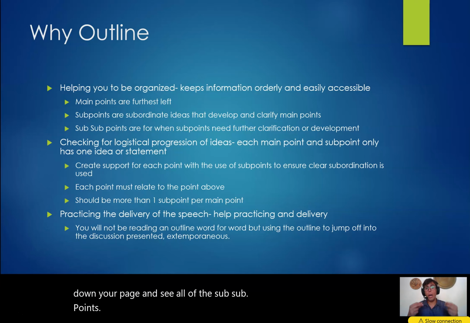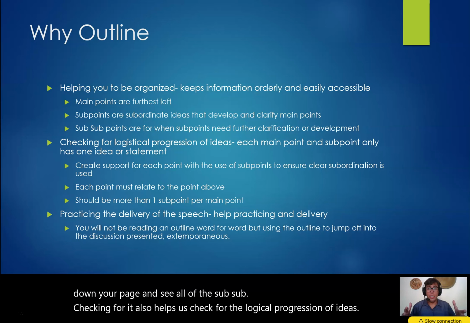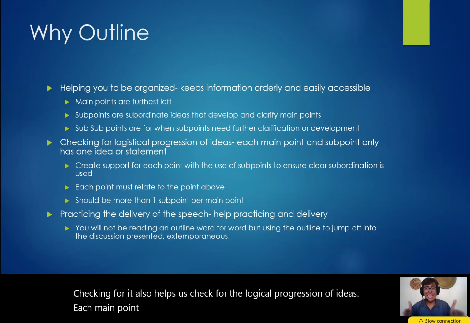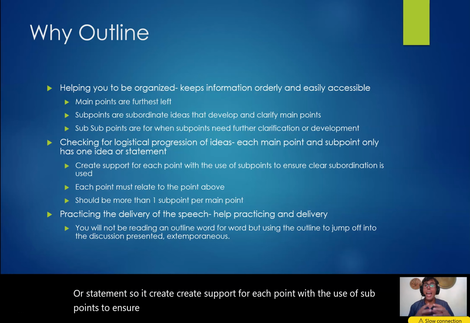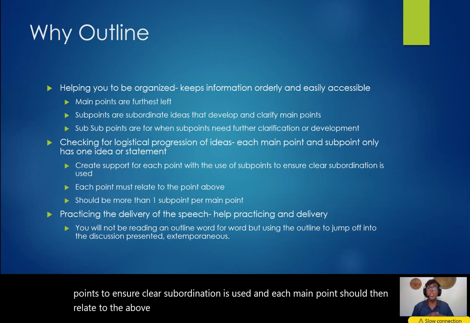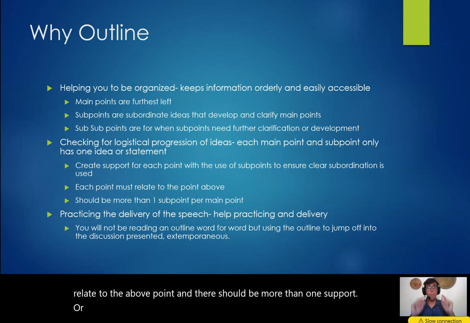Checking for it also helps us check for the logical progression of ideas. Each main point and subpoint only has one idea or statement. So it creates support for each point with the use of subpoints to ensure clear subordination is used, and each main point should then relate to the above point, and there should be more than one support or even subpoint for each main point.